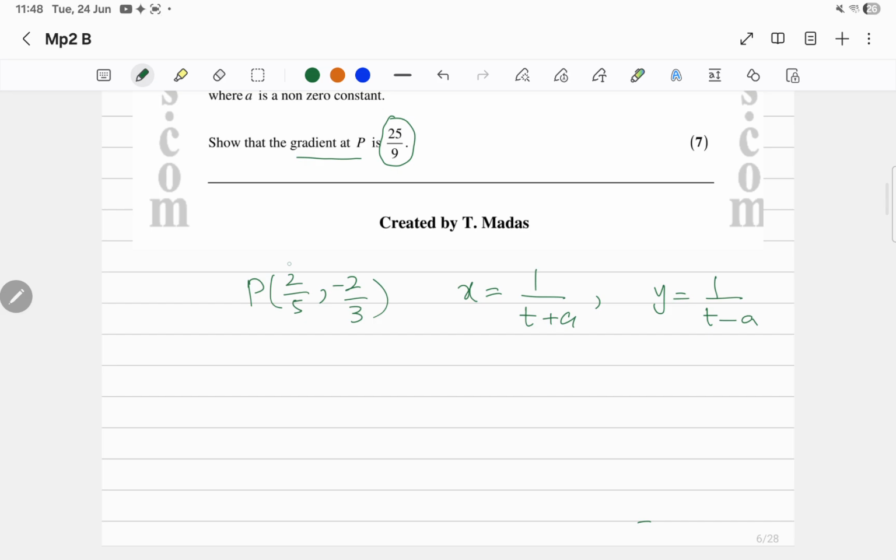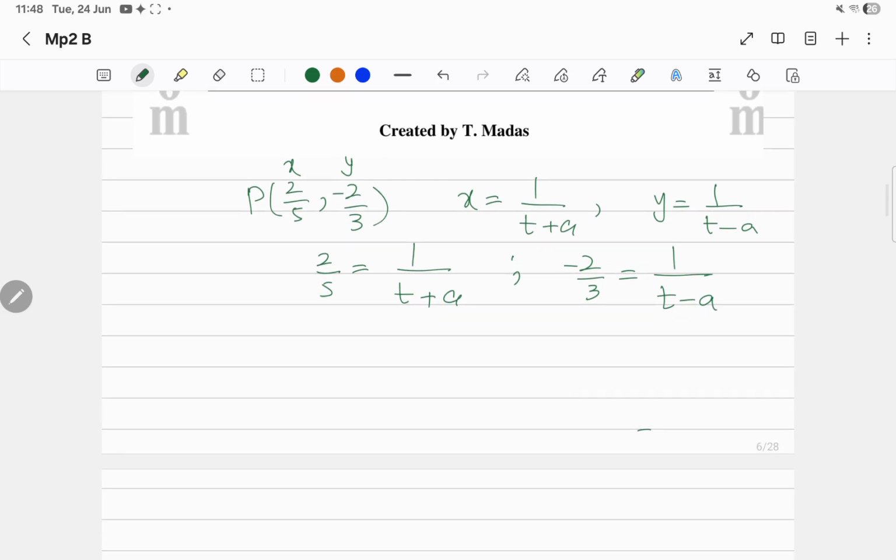If this is the point P, the x coordinate is 2 over 5 and the y coordinate is minus 2 over 3. So replacing x with 2 over 5, 2 over 5 equals 1 over t plus a, and minus 2 over 3 equals 1 over t minus a.